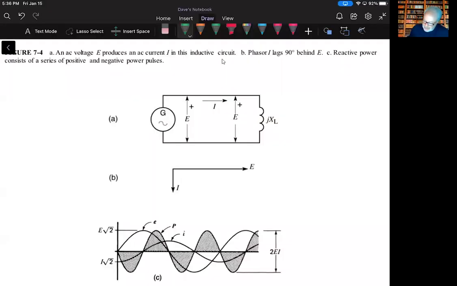So let's look at a variation of the circuit that we looked at in 7.2. So here's the circuit that looks very much like the one we were looking at before, right? And the only thing that's different now is that we have replaced that resistor with an inductor, okay?